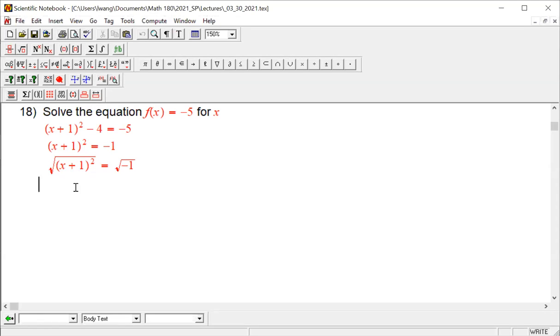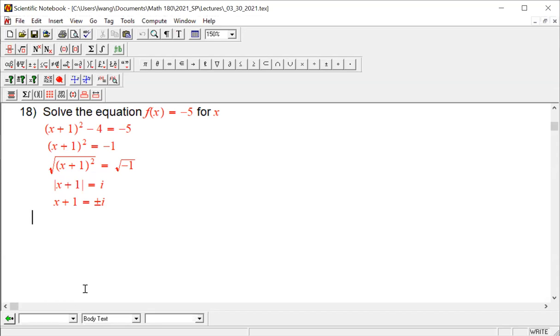So you can still get here. You can still get to the absolute value, and that equals i, right? And you still get a complex number solution. So what you do, you just say this equals plus or minus i.